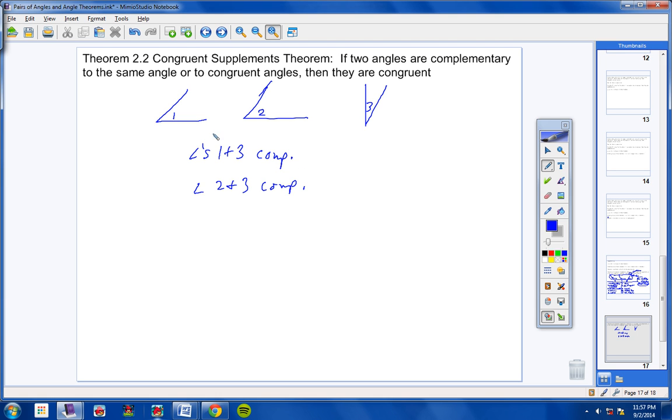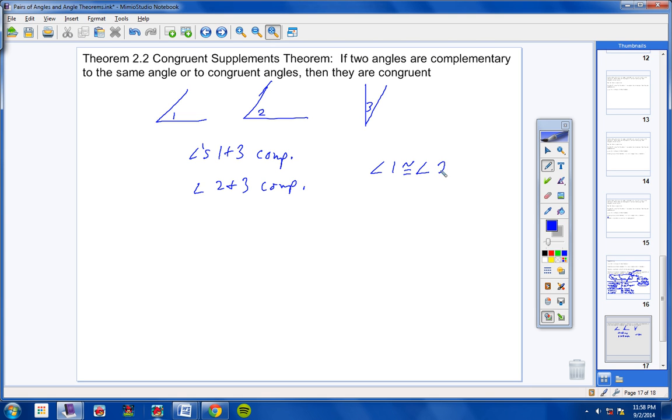Notice how angle 1 and angle 2 are both complementary to the same angle, angle 3. So, because of that, we can state, based on this theorem, that angle 1 is congruent to angle 2.